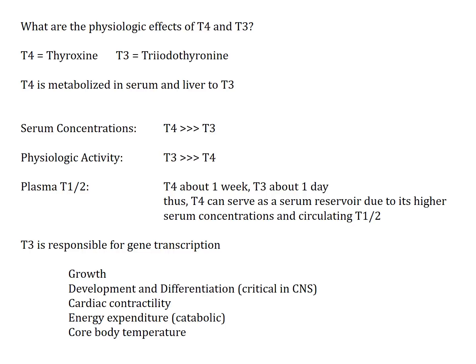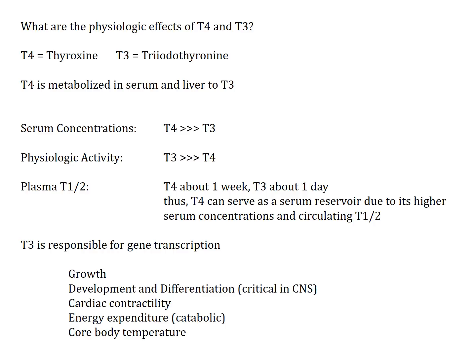And then what does thyroid hormone do? Thyroid hormone is responsible for growth. It is responsible for development and differentiation of the central nervous system, particularly in utero and early on as infants, children and teens, as our brain is going through critical development.